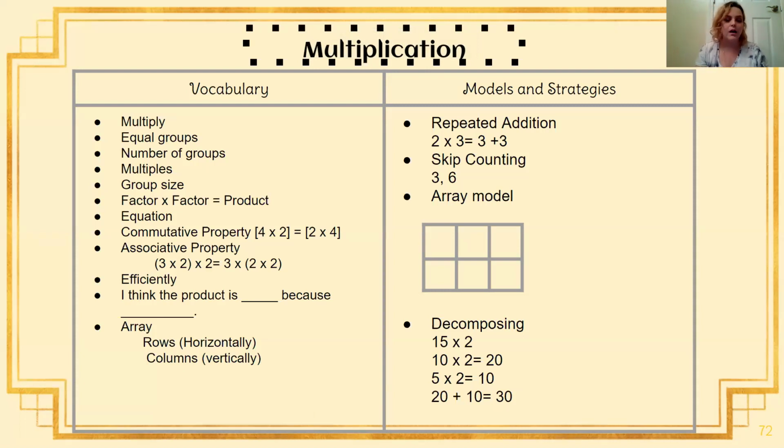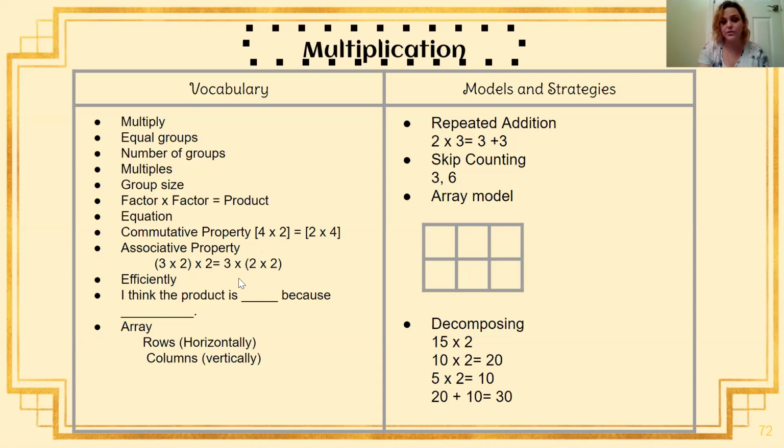Associative property, which we started talking about a little last week before we went on break, and I talked about it a little bit yesterday. Associative property means, again, very similar to commutative property, it doesn't matter which numbers you multiply first, you're still going to get the same product. So if you have an equation with more than 2 factors, for example, 3 times 2 times 2, I can multiply 3 times 2 first, which gives me 6, and then times 2, that's going to give me 12.